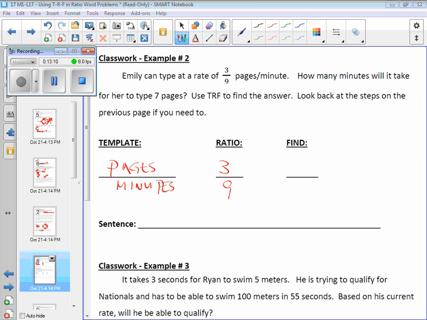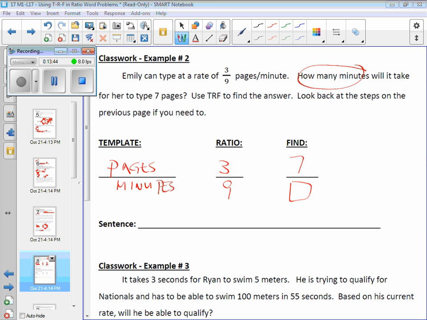Aiden, minutes or pages? Look again. It's right there. How many minutes? That's what we're trying to find. And then the last piece of information that they give you would have to be pages, and what's that value? There it is. Everything is now good to go.